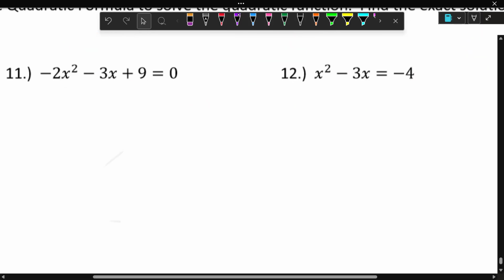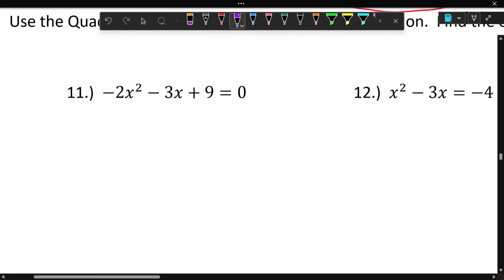So if we look at number 11, our a is going to be, when in standard form, the first coefficient, so negative 2. B will be the second coefficient, and C will be our constant. So now we just have to substitute it into our formula.